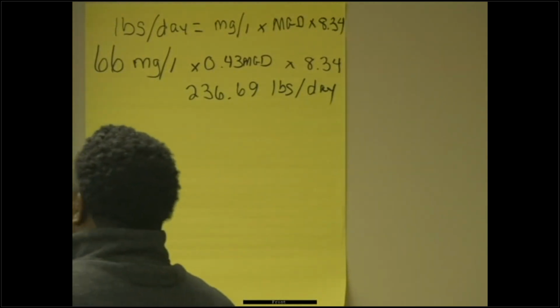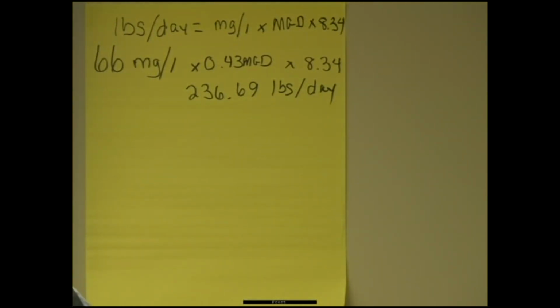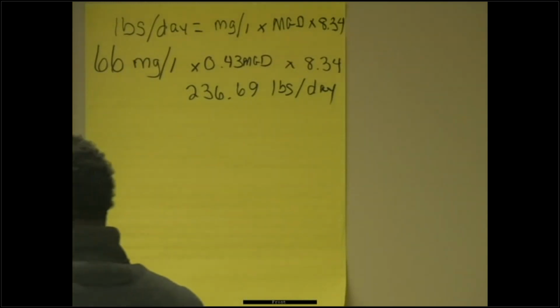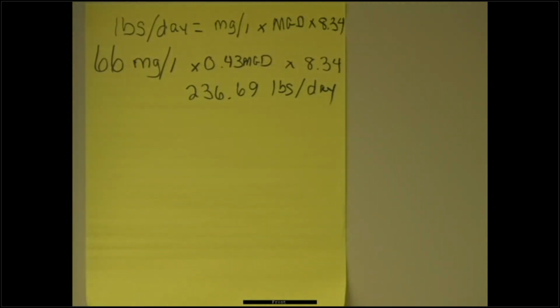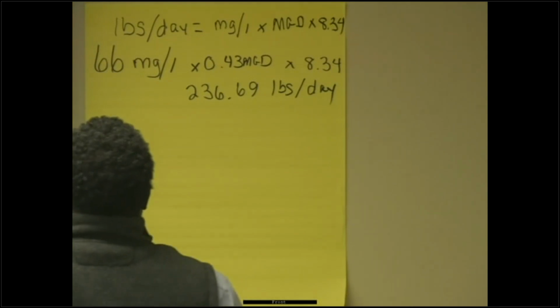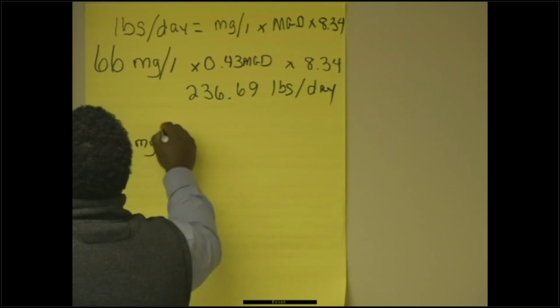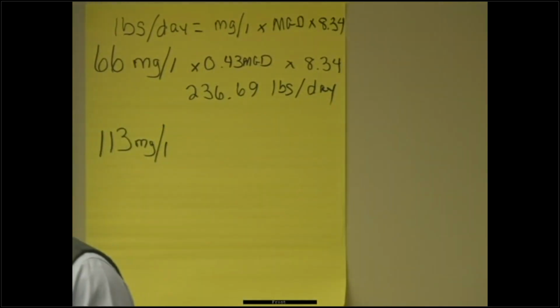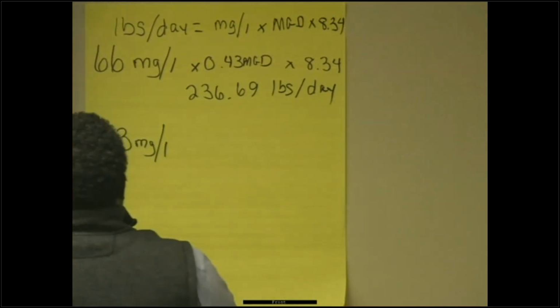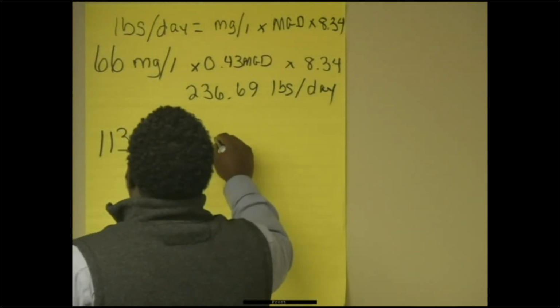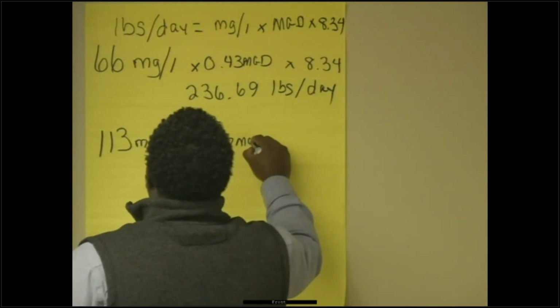Because now what you've got to do is look at the other two loadings for May and June. So for example, the loading for the month of May, well, the influent for the month of May was 113 milligrams per liter. The flow was 0.47 MGD.